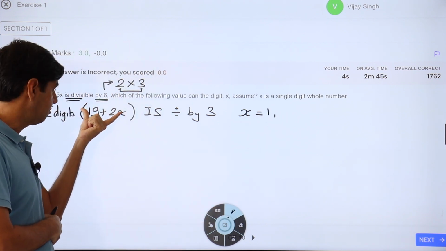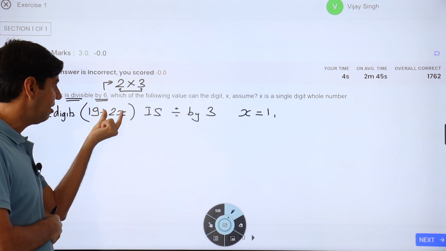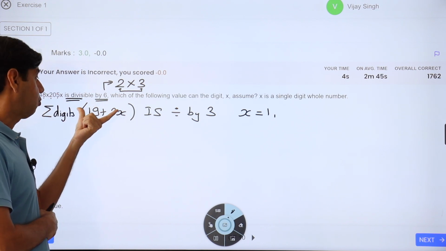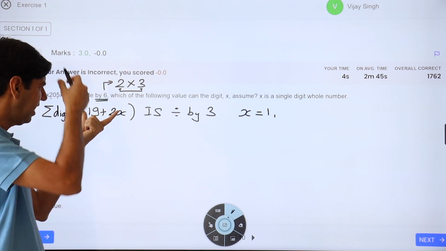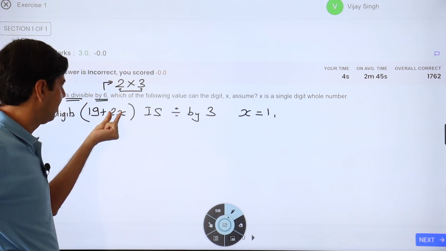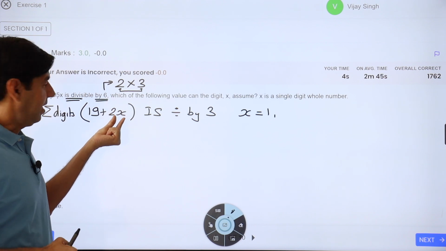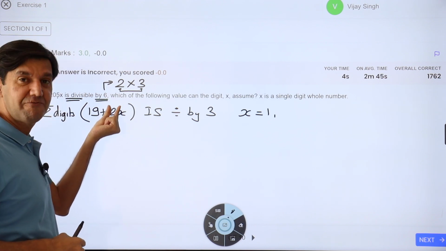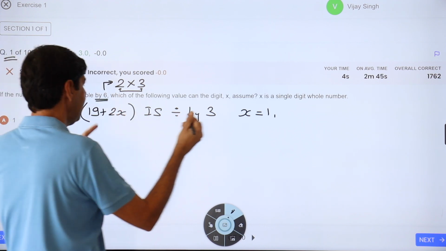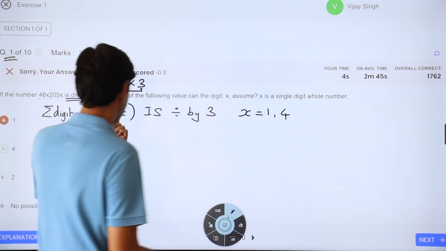24. If this is 24, this has to be a 5, so x can't be a 5. Okay, 27. If this is 27, this number needs to be an 8. It could be 2, 5, 8, increments of 3. So if this number is 8, x could be 4.